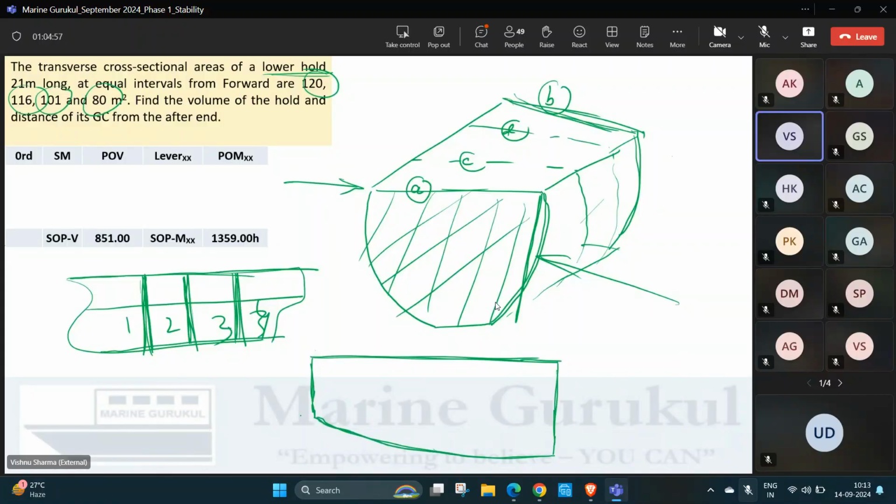Am I clear, beta? So that the different cross-sectional area values become more prominent in my diagram. So this line now represents a cross-sectional area of 120 square meters. This represents 116, this represents 101, and this represents 80.